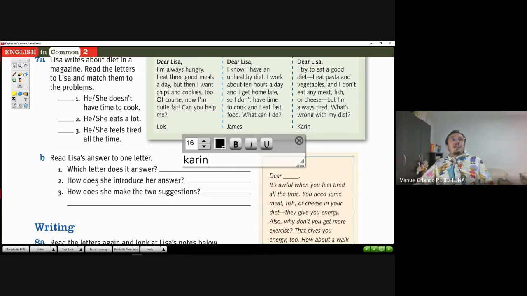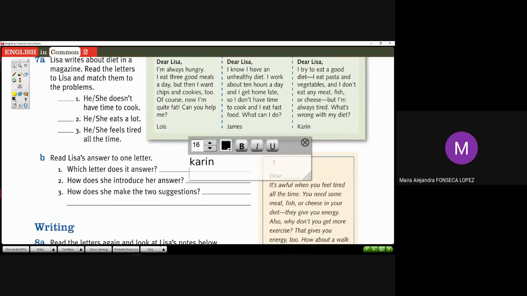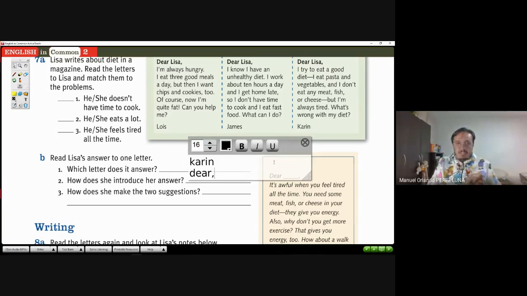And then, how does she introduce her answer? ¿Cómo introduce su respuesta? O sea, ¿cómo inicia la carta? How does the letter start? Dear. Querido, en este caso sería querida, querida Karen, okay, dear.